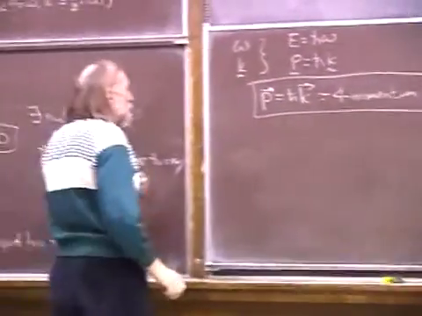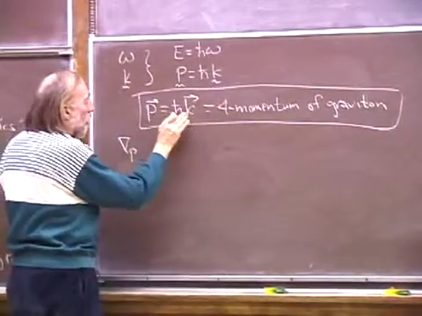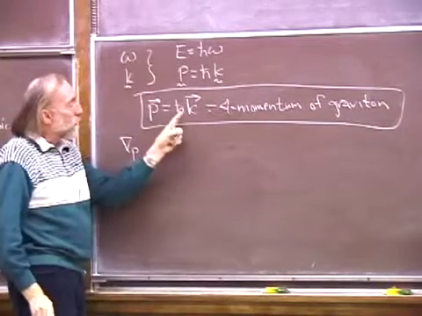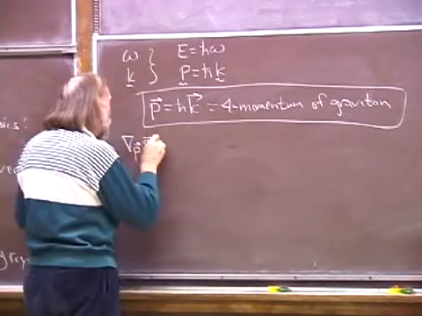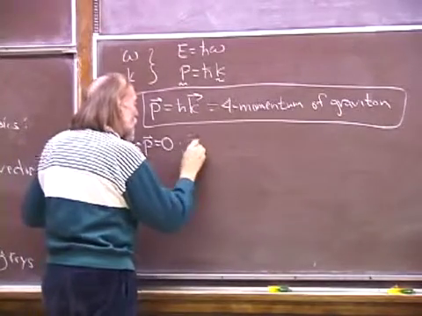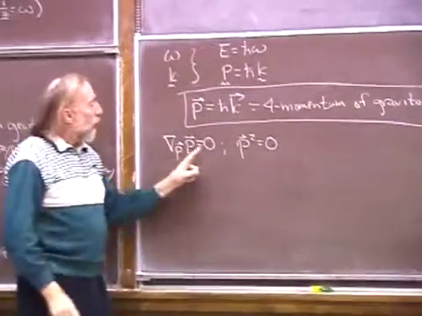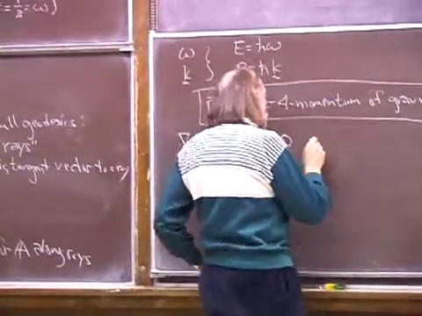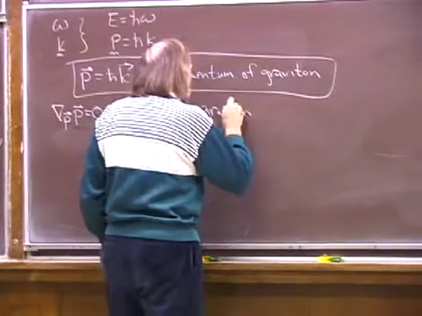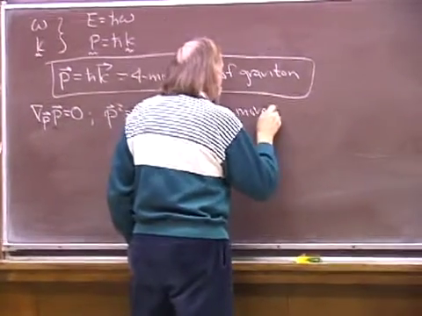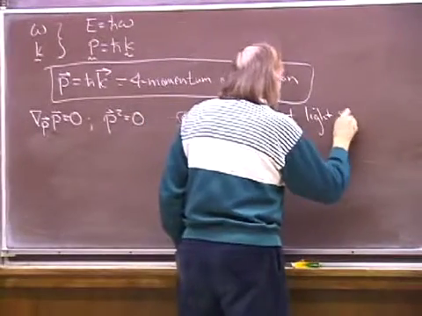And the laws of geometric optics have told us, since the graviton's 4 momentum and the wave vector only differ by a constant, that the derivative of p along p is equal to 0. They also tell us that p squared is equal to 0. What that says in words is that the graviton moves at the speed of light. Why?